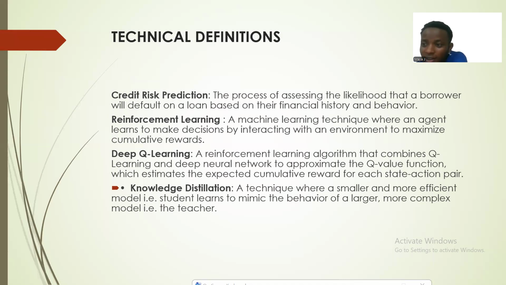Deep Q learning is a reinforcement learning method that combines Q learning and deep neural networks. It approximates the Q value function, which estimates the expected cumulative reward for each state action pair. You pass state action pairs to the function and it estimates how good each pair is.